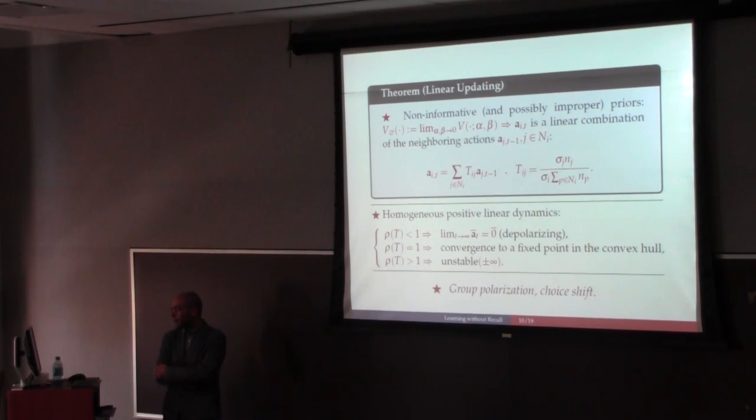If the spectral radius is 1, the actions converge to a fixed point in the convex hull of the initial actions, but that fixed point does not necessarily indicate a consensus. And if the spectral radius is strictly greater than 1, then the system is unstable. The actions are going to converge to plus and minus infinity. This is a case of a polarizing interaction between the agents. Their choices are going to converge to the extremes.